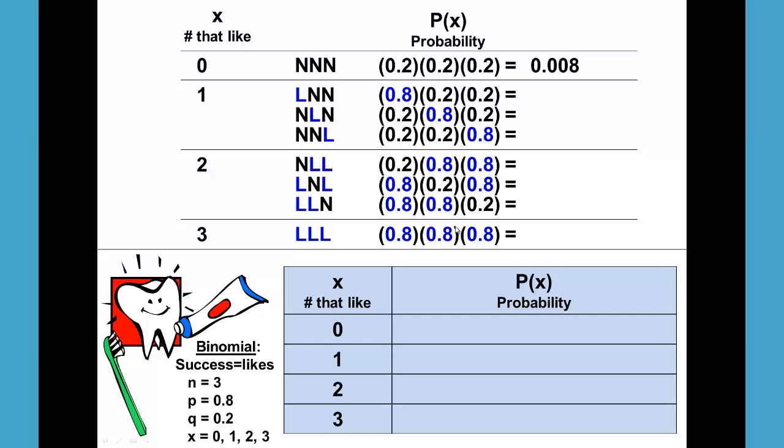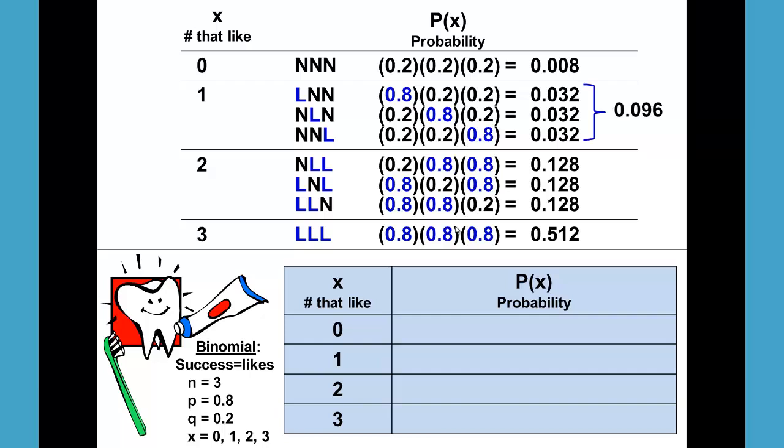We can calculate out the first one and get 0.008. The next set all gives us 0.032. The next set all give us 0.128. And the last one gives us 0.512.